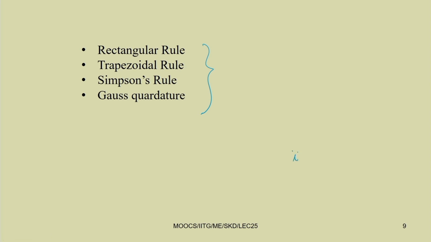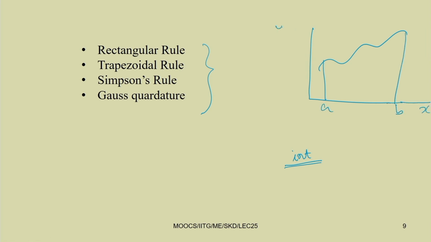You can use the int function to integrate a function symbolically, as you will be given an assignment on each of these methods, and you can use these methods to find the area of different curves bounded by the x axis and the curve, in between a to b. Let this be a, this be b, so you can find this area.